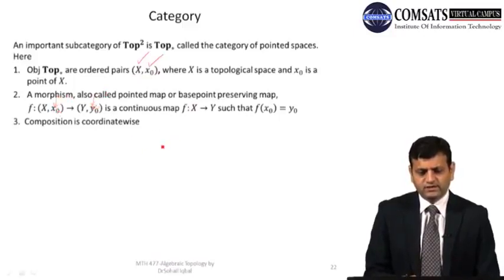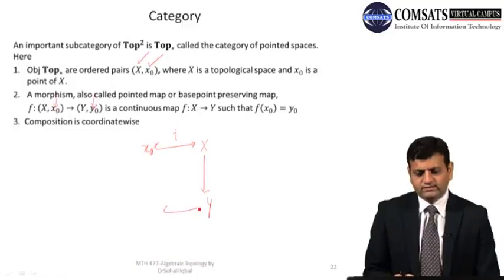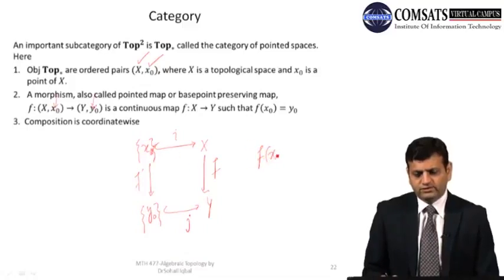So f is a morphism from X to Y such that, since x naught is contained in X, there is an inclusion map, and y naught is contained in Y, there is an inclusion map, and this is the map f'. In other words, f of x naught should be equal to y naught.